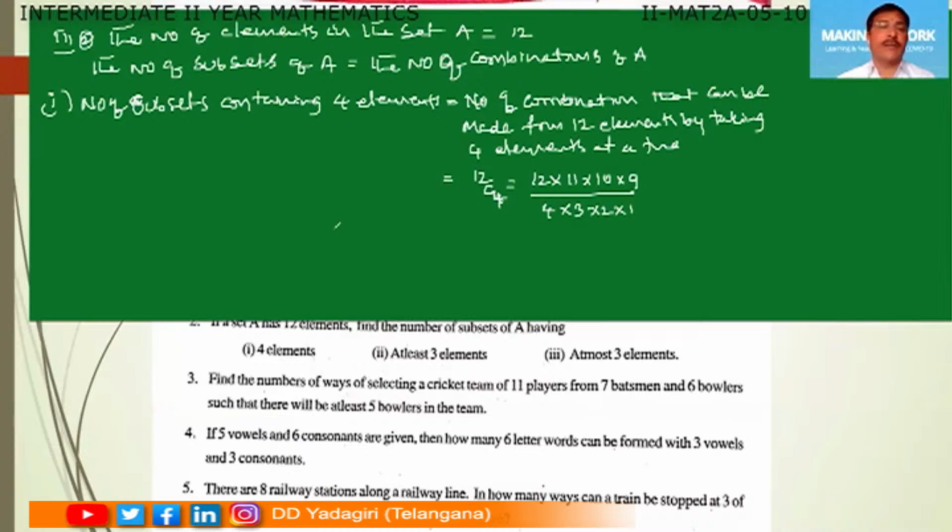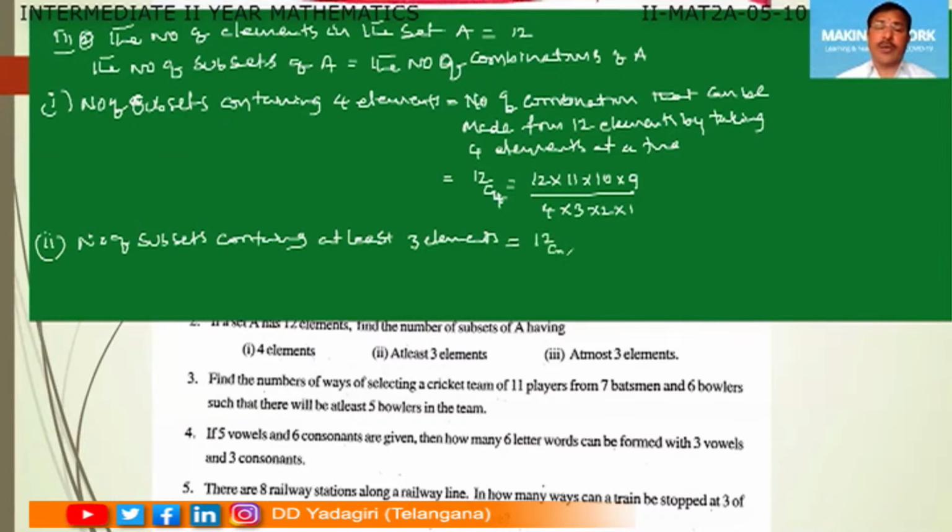So simplify this answer. And the next question, second question: the number of subsets containing at least 3 elements. At least 3 elements means the number of combinations containing at least 3 elements, that is, 3 or more than 3.